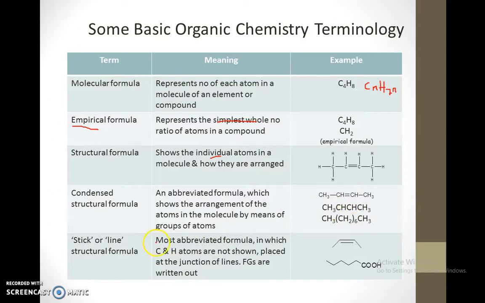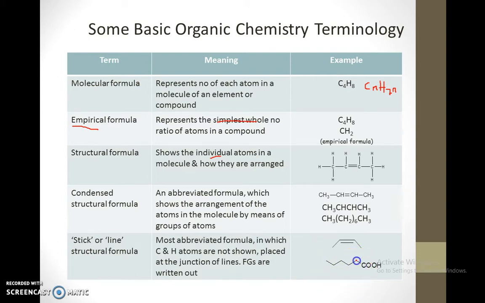Stick or line formula is very simple. I prefer to draw in stick or line. In stick or line formulas, usually functional groups are written out. Stick or line means you hide the carbons and also the hydrogen atoms. For example here, 1 2 3 4 5 6, so 6 carbons, hexanoic acid.